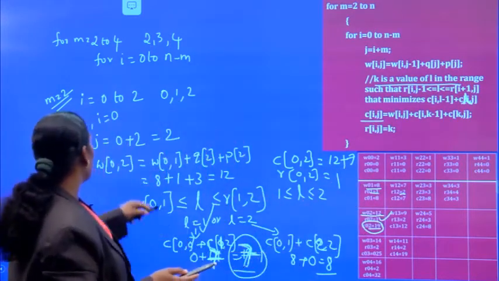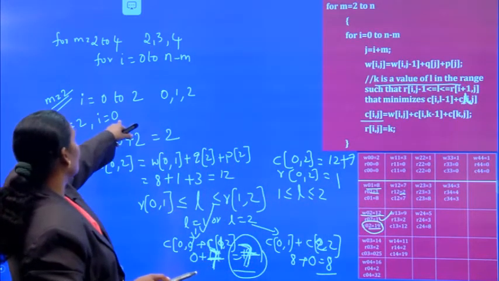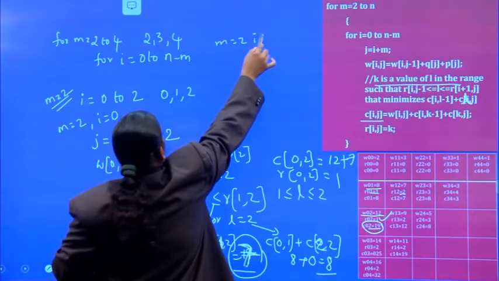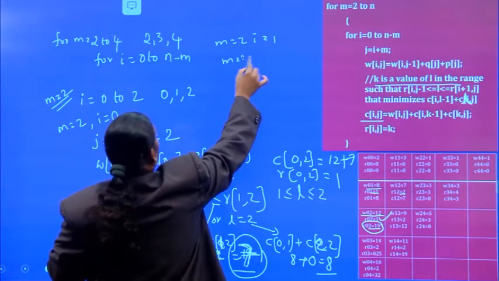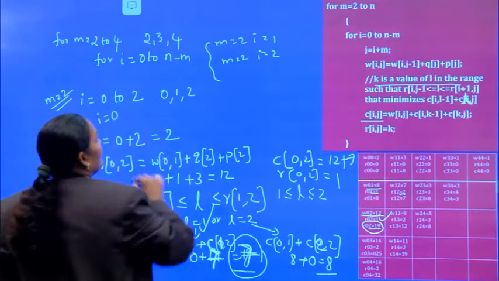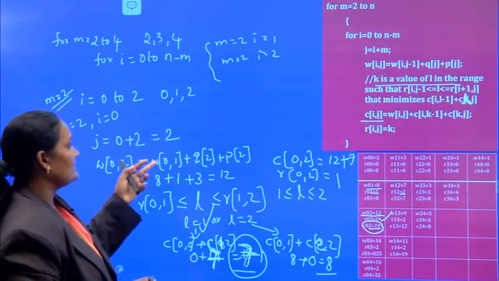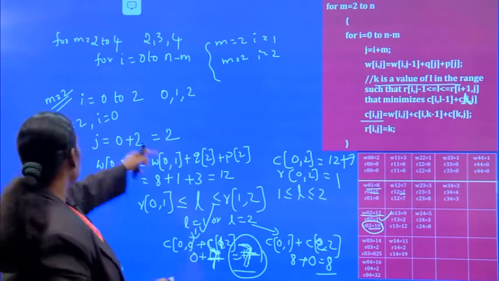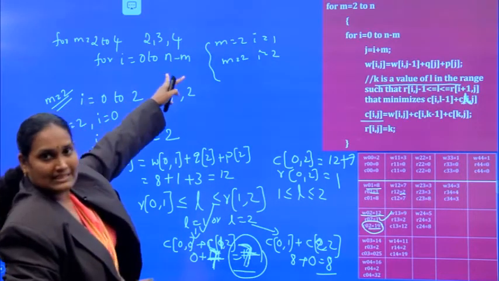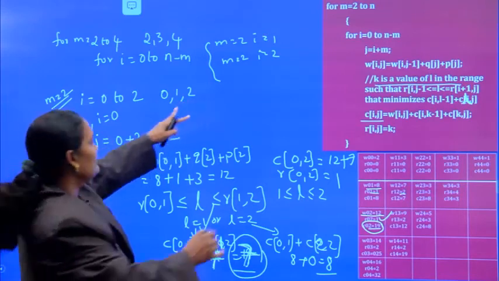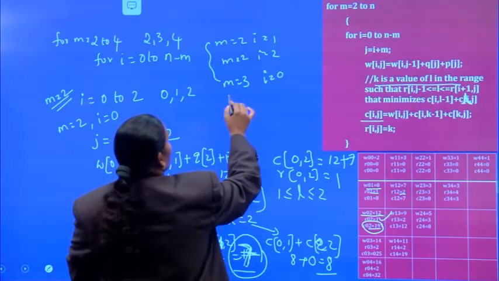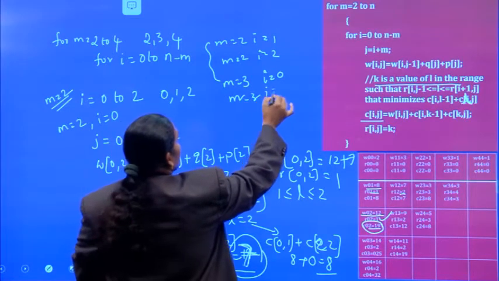In the same way, here m is equal to 2, I is equal to 0 I have taken. In the same way you can calculate m is equal to 2, I is equal to 1, m is equal to 2, I is equal to 2. You will get these two cases. In these two cases you can calculate some other values. In the same way you can go for the next m value 3. In that case I value becomes 0, 1. That is you will get another 3 cases. M is equal to 3, I is equal to 0, m is equal to 3, I is equal to 1.